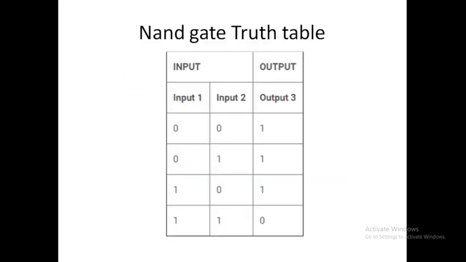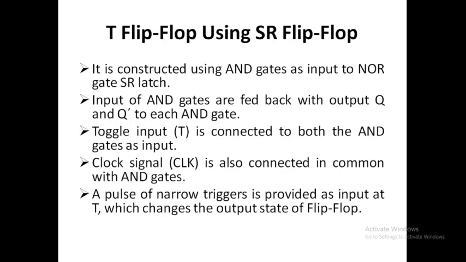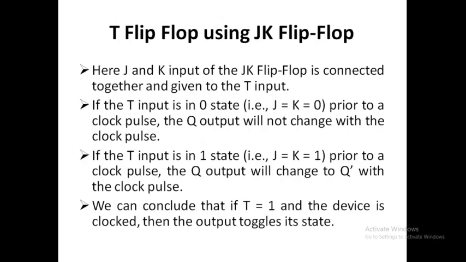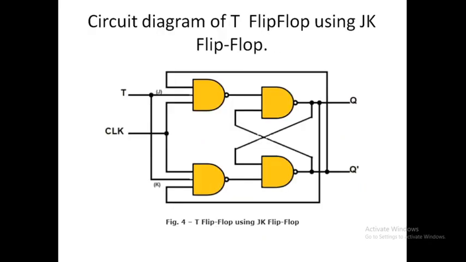So let's go to today's topic. Here J and K are shorted. If the T input is in 0 state, earlier we said J and K equal 0, so prior to the clock pulse, the Q output will not change with the clock pulse.